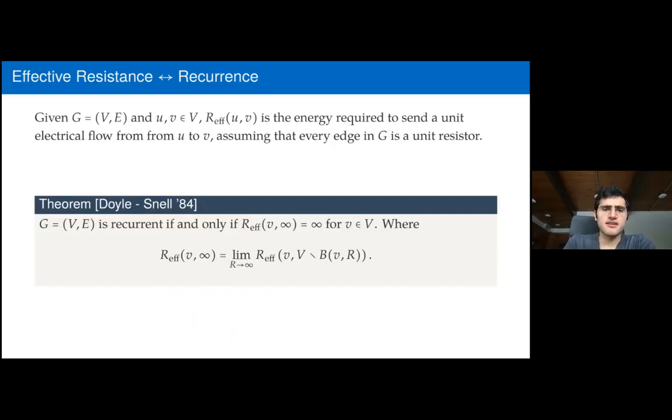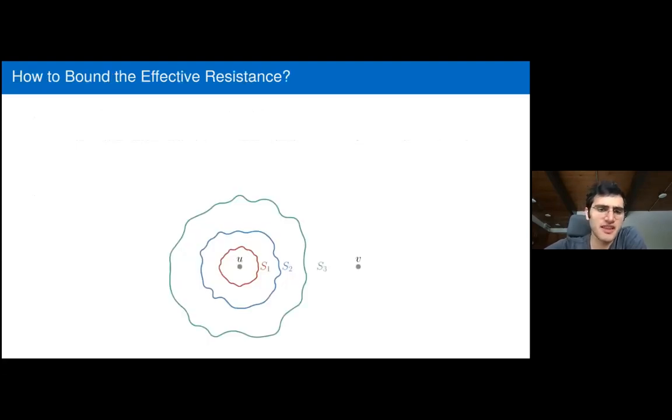Indeed, you can use this theorem to prove the recurrence of many examples. As far as I know, this is the main tool to prove recurrence or transience. So we know it's related to the effective resistances in these graphs. How would you bound the effective resistance?